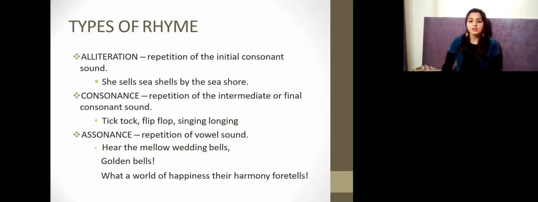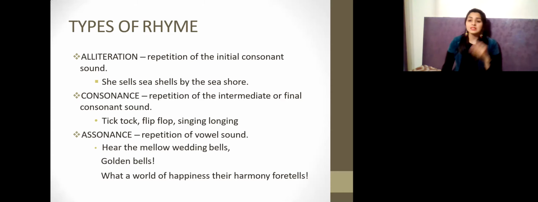Now, what is consonance? A repetition of the intermediate or final consonant sound. That is tick tock, flip flop, singing, longing. That means repetition of the intermediate or final consonant. You can see t, t, f, f, s, l. Next is assonance.